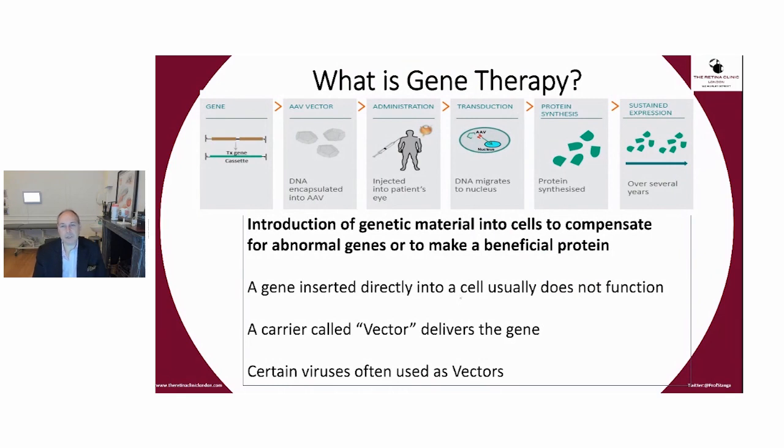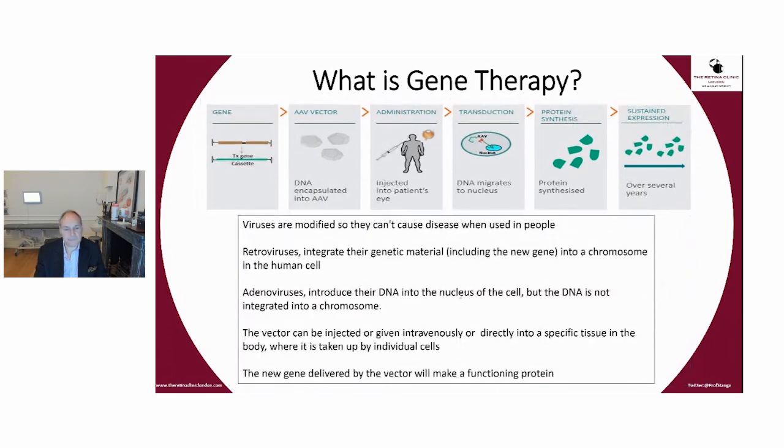Let's talk a little bit about gene therapy. What is gene therapy? It is the introduction of genetic material into cells to compensate for abnormal genes or make a beneficial protein. If we insert a gene directly into a cell, usually it does not function. So we need a carrier called a vector to deliver the gene, and we use certain viruses as vectors or carriers.